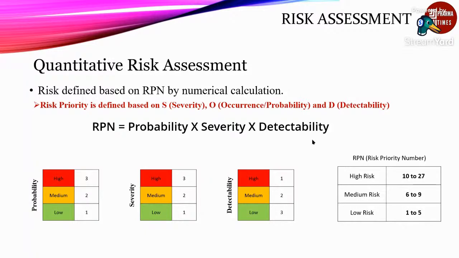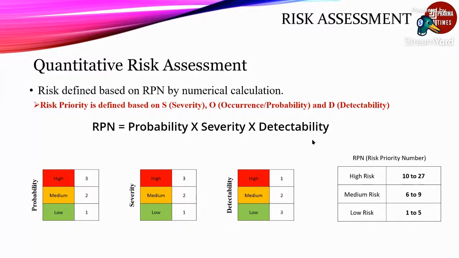And for detectability it is the reverse process. If my detectability is high, then I define number 1. If my detectability is medium, then I define number 2. And if my detectability is low, then I define number 3. So based on these three scenarios, probability, severity and detectability, a numbering system is used for quantitative risk assessment.